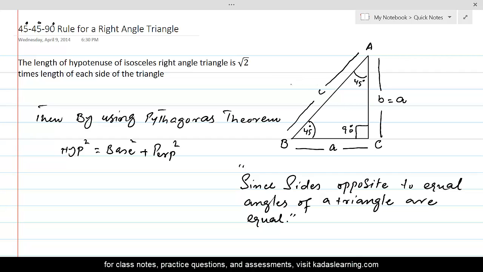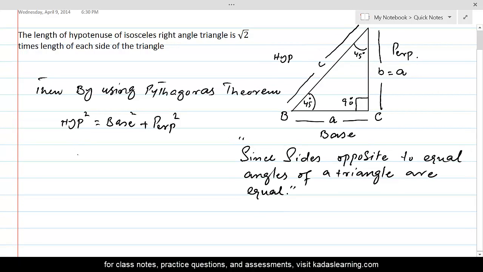Now here C is the hypotenuse, so this is the hypotenuse, this side is the base and this is the perpendicular. If we use just this result, what we are going to get is C square is equal to A square plus B square.